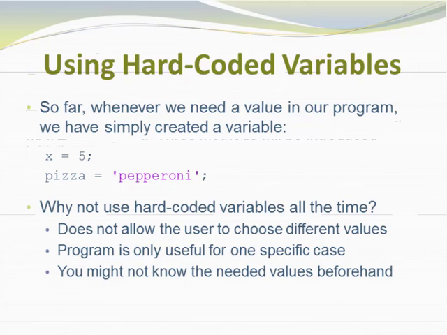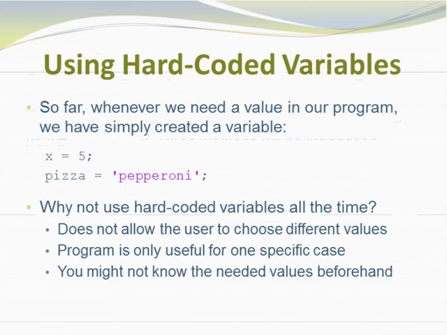Probably the most important reason why you can't use hard-coded variables all the time is that you may not know what the values are that are needed beforehand. There may be situations where you want to have the user give you a value. For instance, you've seen some of those things online where you can enter your name and it creates your gangster name or your Star Wars name or whatever it might be.